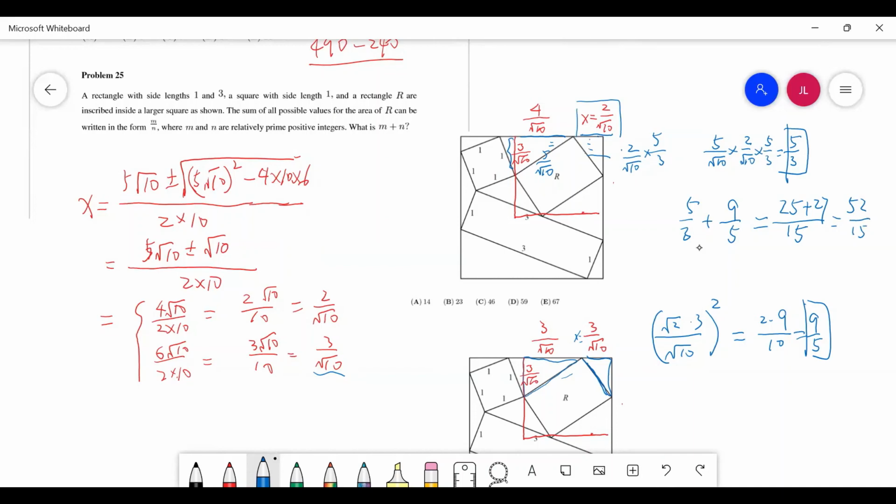So this is M, this is N, M plus N equal to 67. So taking all together, the final answer for question number 25 is E. M plus N equal to 67.